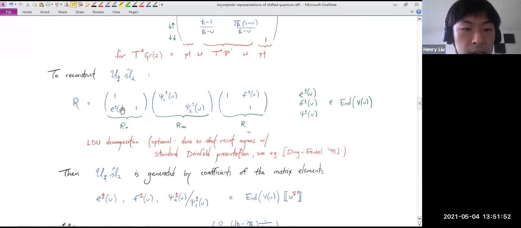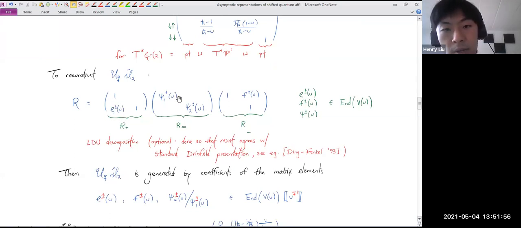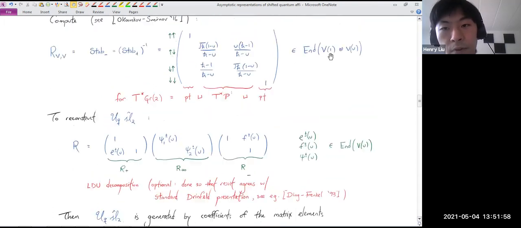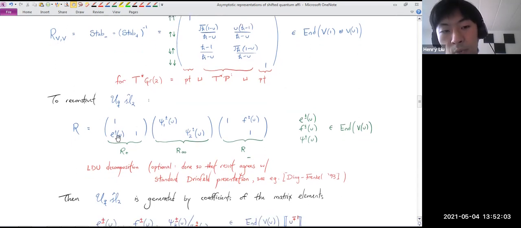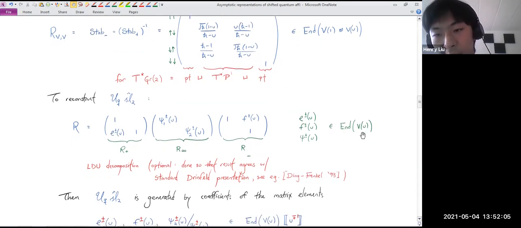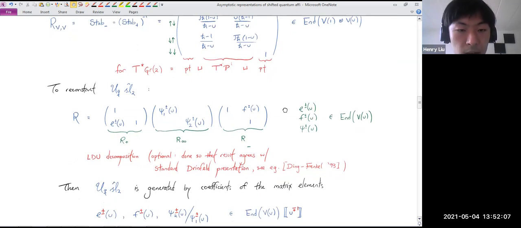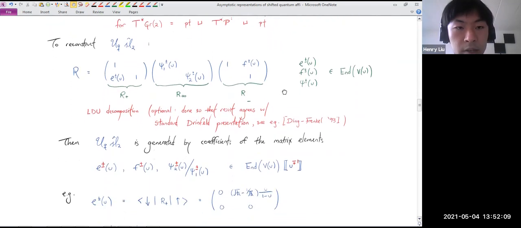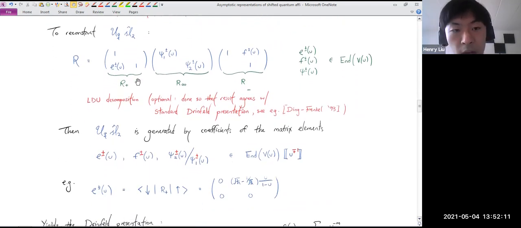And so these 2x2 blocks are matrix elements in the first V of this R matrix. And so these will still be operators acting on the second copy of V. Okay. And so what's UQSL2 hat?